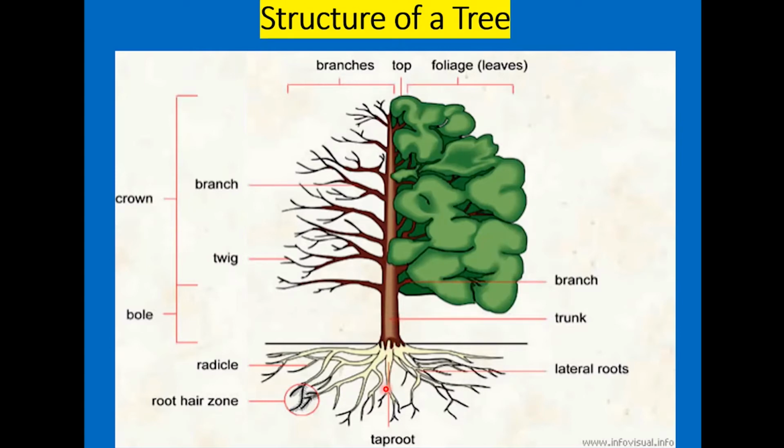Then down below, there's a taproot. Most trees don't have a really long taproot. They might have a short taproot that goes down 3 feet at the most. But a lot of them have roots that come off from the tree, and then there are root hairs, these tiny little hairs on the roots, and that's where the nutrients are taken in by the trees.